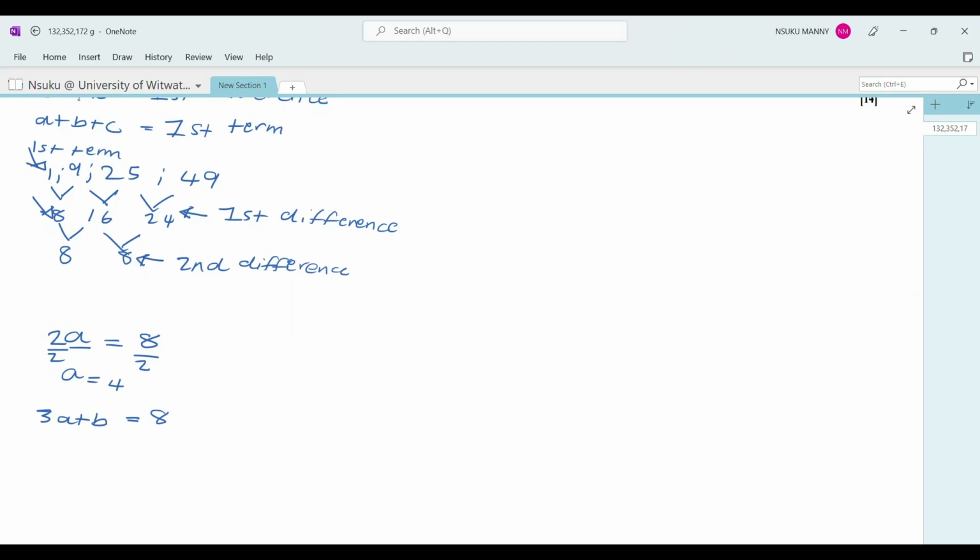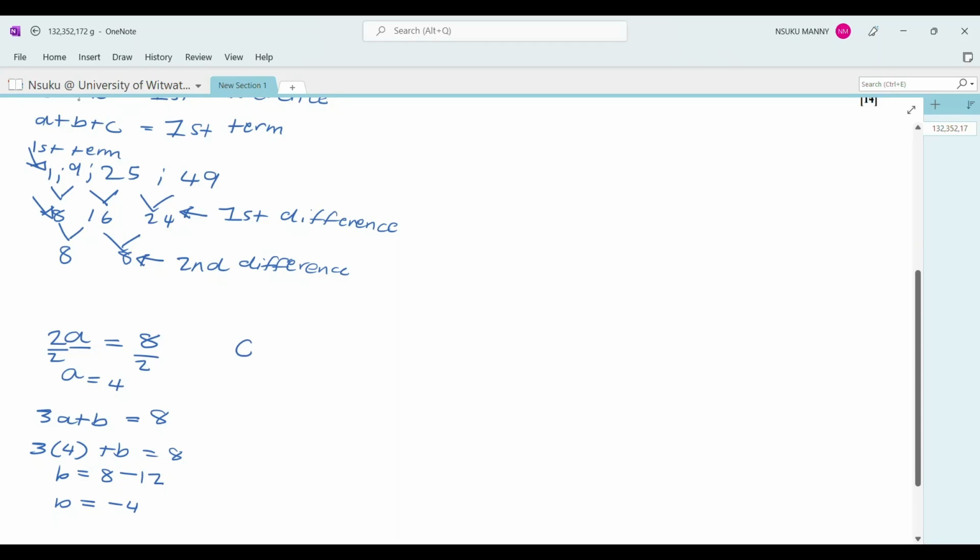We take our 4, which is our a, and substitute it into the equation: 3 times 4 is 12, plus b is equal to 8. Then we make b the subject of the formula. We take 12 to the other side, so we have 8 minus 12, and then we know that b is equal to negative 4.